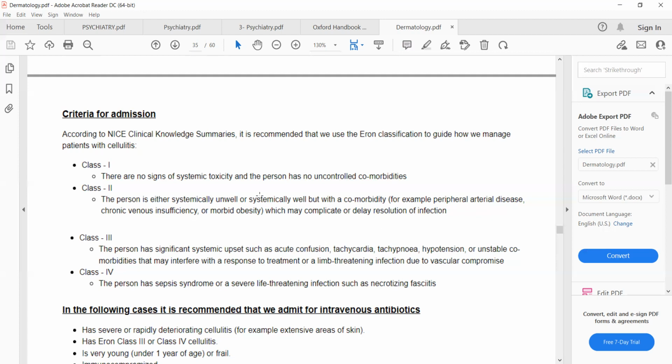So depending upon these signs and symptoms, cellulitis is divided into 4 classes. Class 1 is there's only redness and pain and swelling on shins. There are no signs of systemic toxicity, and the person has no uncontrolled comorbidities.